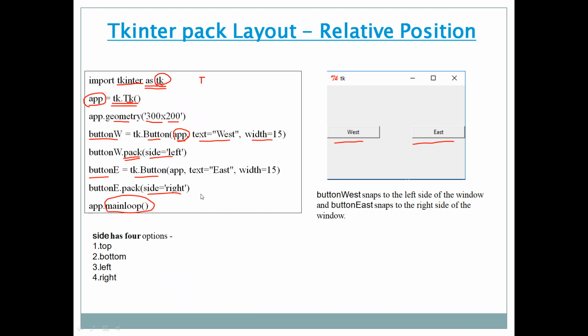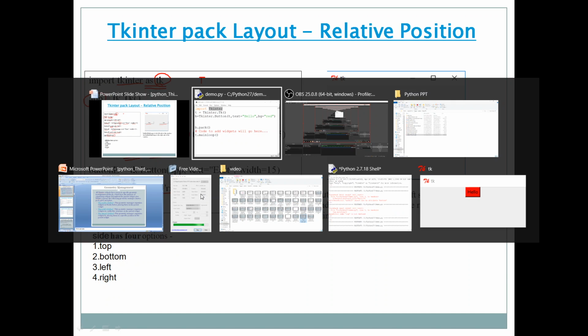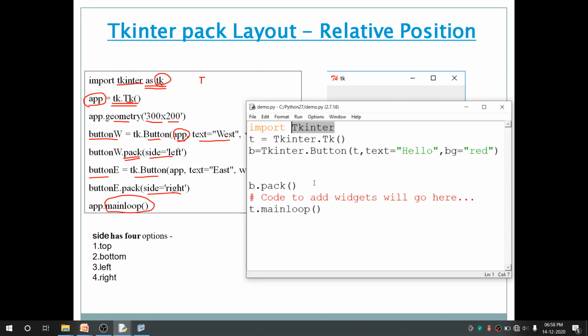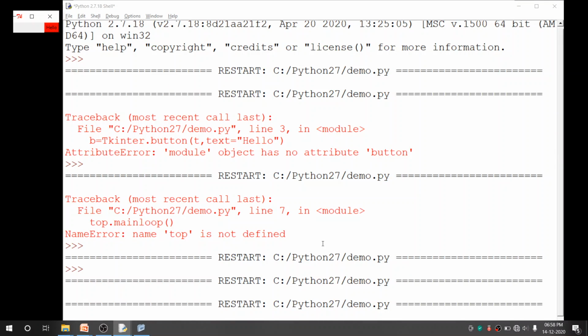Okay, let us see this in our example. So this is our example where we have created a button. Here we did not specify the attribute side. I'll specify it now. Side is equal to, I'll say instead of left, I'll say right. Now if I execute, let us look at the output.